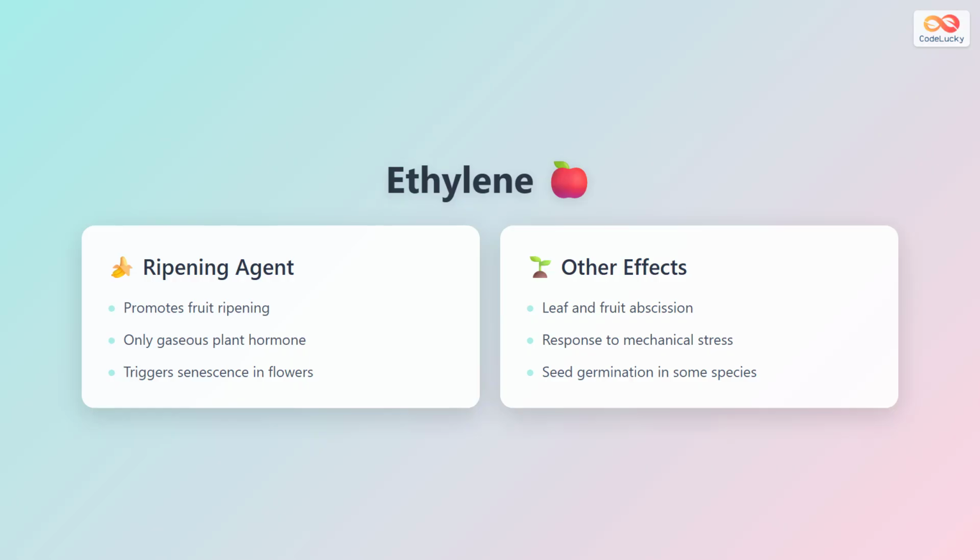Ethylene promotes both leaf and fruit abscission, the process where these organs separate from the plant. Plants produce ethylene in response to mechanical stress, such as wind or physical damage. In some plant species, ethylene can also stimulate seed germination, adding to its diverse range of effects.